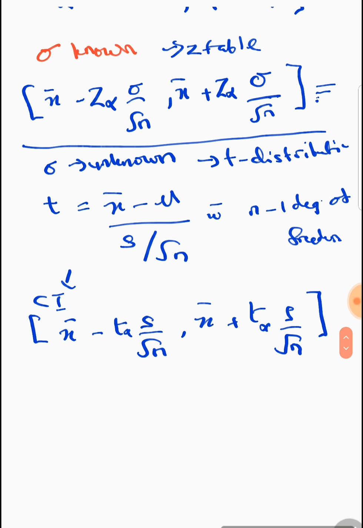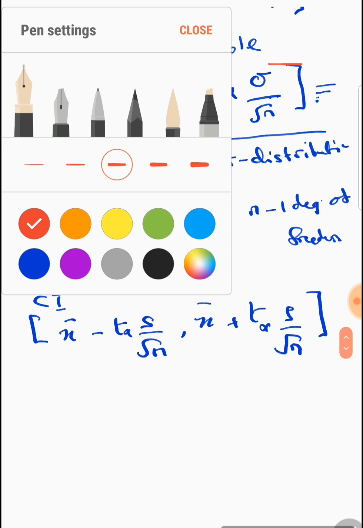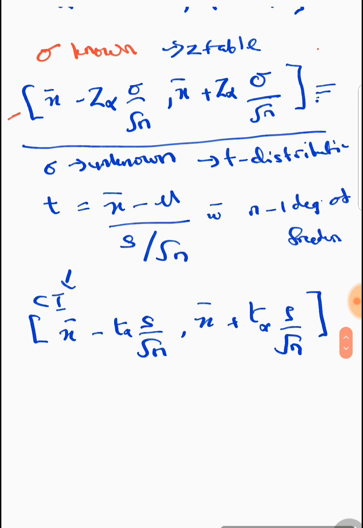If you compare these two formulas, everything is exactly the same, only that this is when sigma is known, and when sigma is unknown, this is still the standard deviation, but we do not want to confuse, we want to differentiate the symbol, and therefore we indicate it as s.